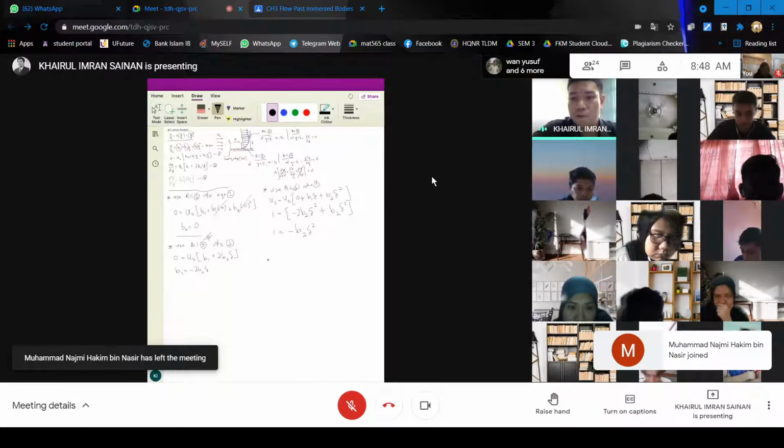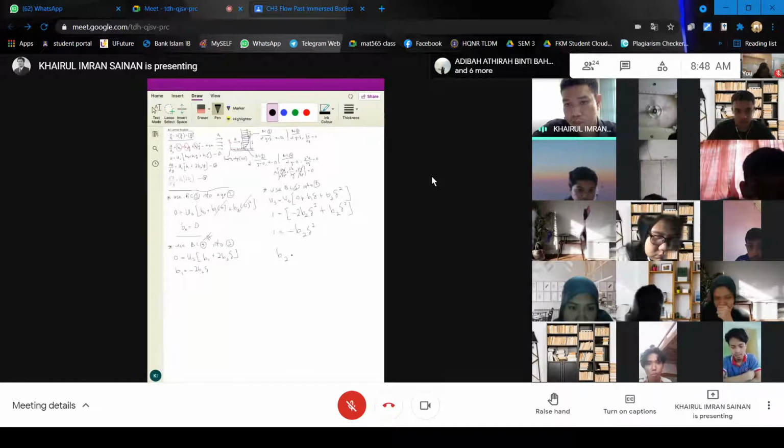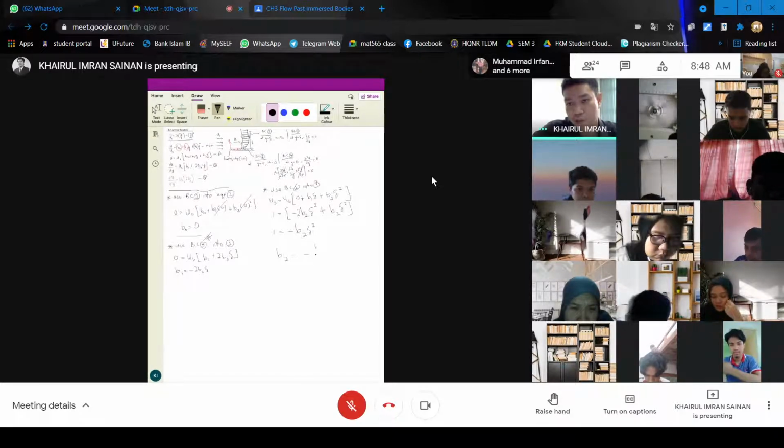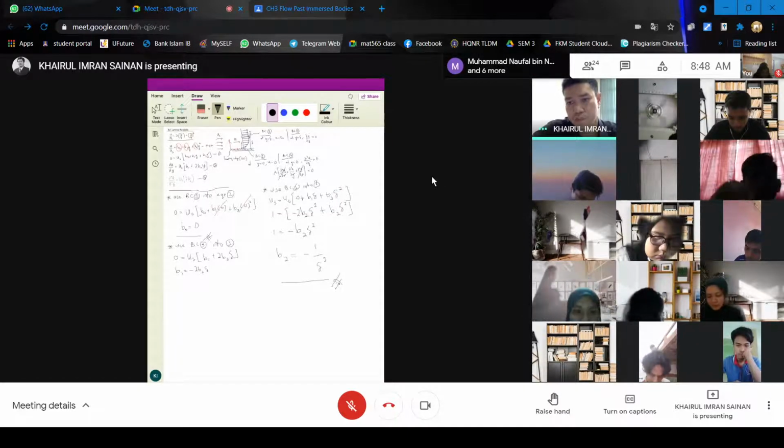Therefore, b2 is equals to negative 1 over delta squared. Okay, so that is b2. So we found b2.